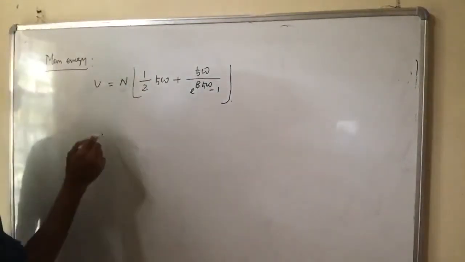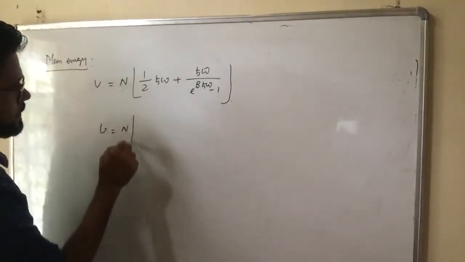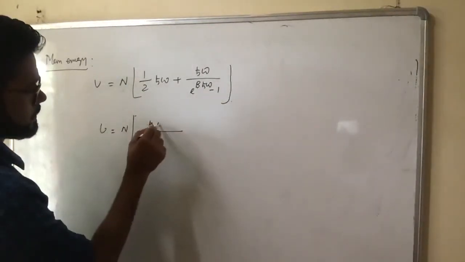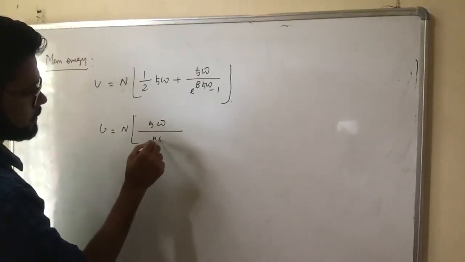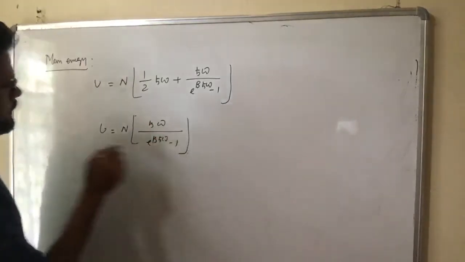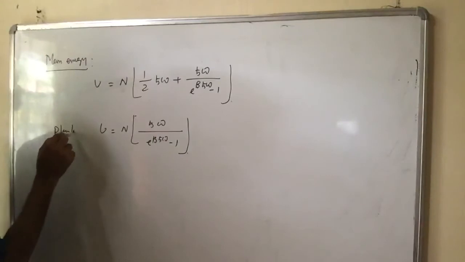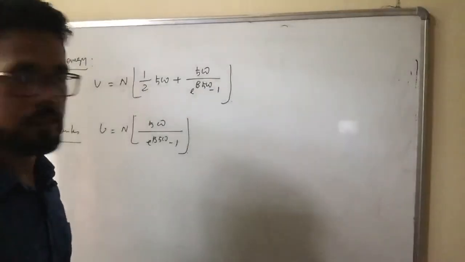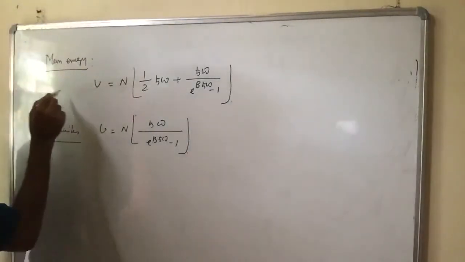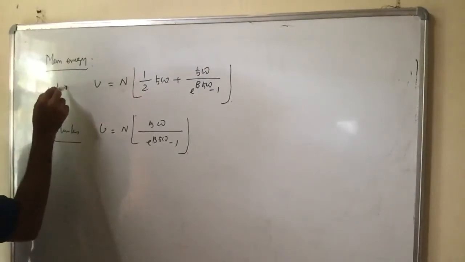Another mean energy is h cos omega by e to the power beta h cos omega minus 1. This one is for Planck, where zero point energy is not considered. This one is Schrödinger, where zero point energy is considered, the Schrödinger oscillator.